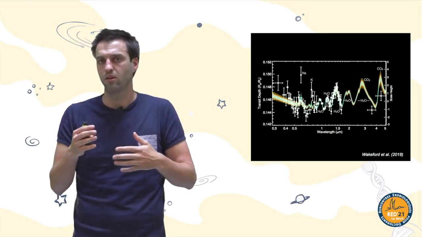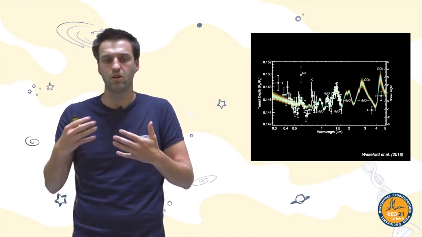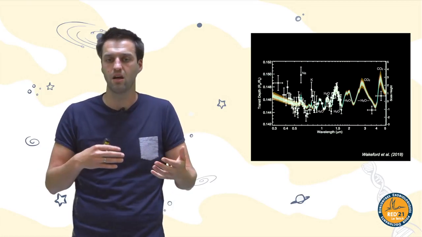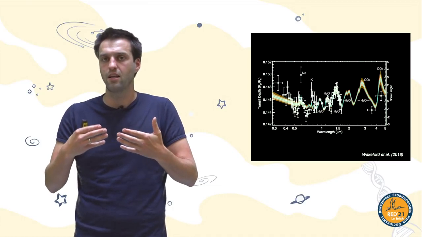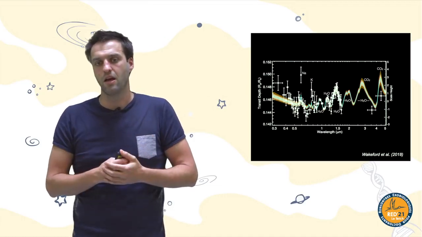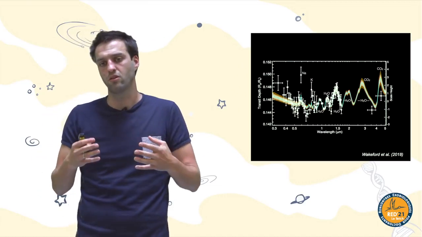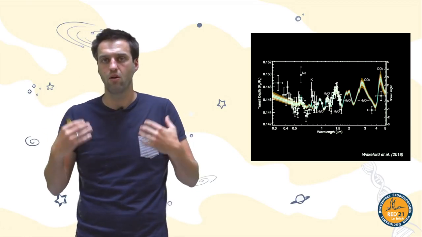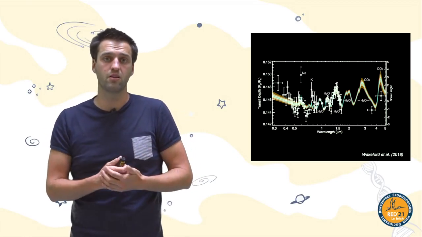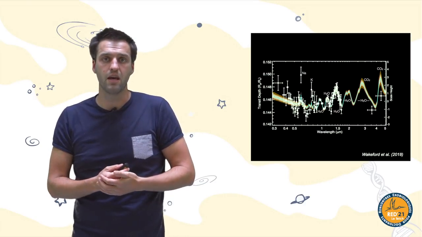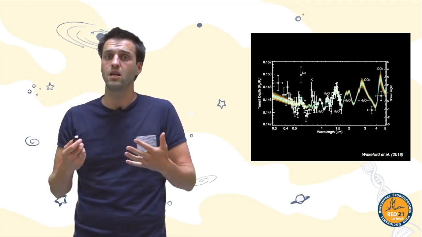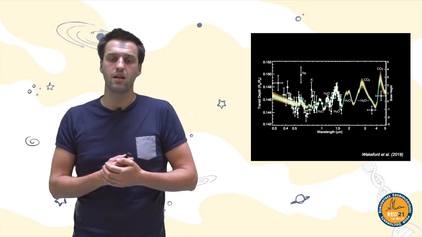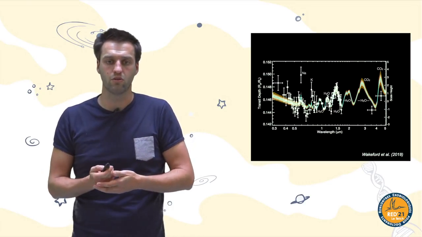For example, if you see the reduction of the same data by different teams, the results are not quantitatively exactly the same. So I think it's really important to remember that even though we now start to have information about the composition of these atmospheres, there is a lot of uncertainty, and it's going to look different, I think, in several years.